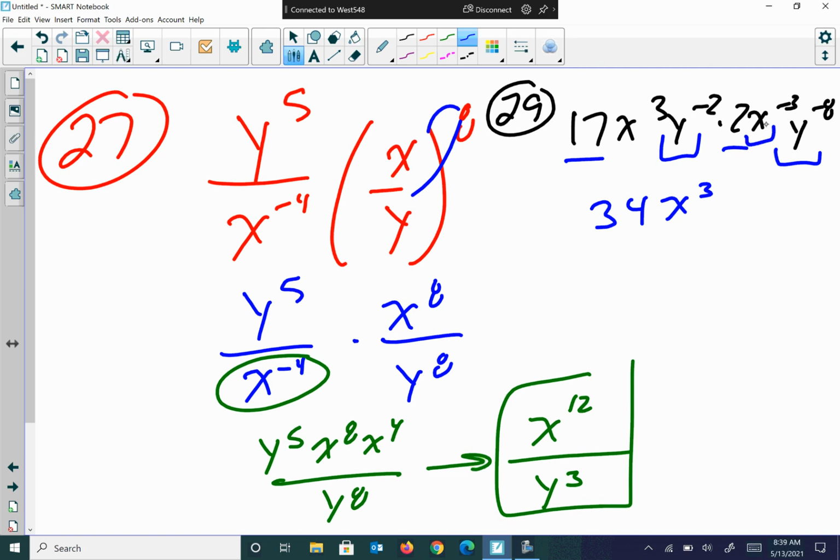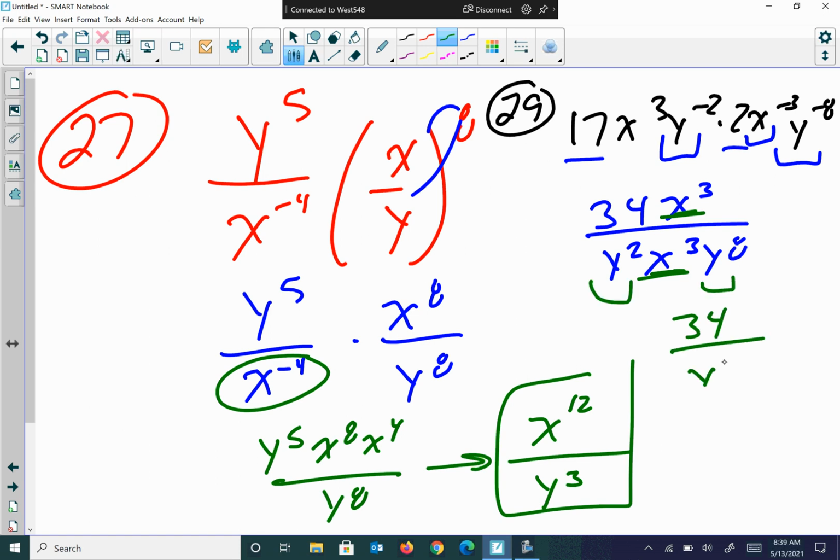That wants to move too. Over y squared, x to the third, y to the 8. Hey, in a tug of war, and there's a tie, they cancel each other out. And then I just combine these together. And that, my friends, is what we got.